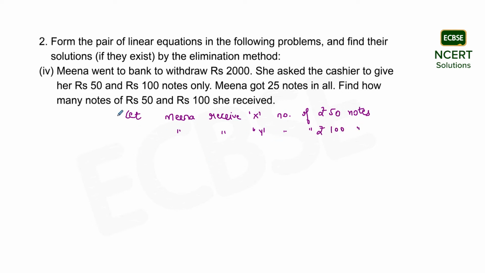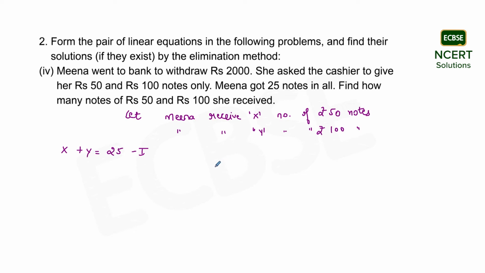So now according to the problem, Meena got 25 notes in all. It means the sum of the notes of type x and of type y is equal to 25. So x plus y comes out to be equal to 25. Let this be the first linear equation.